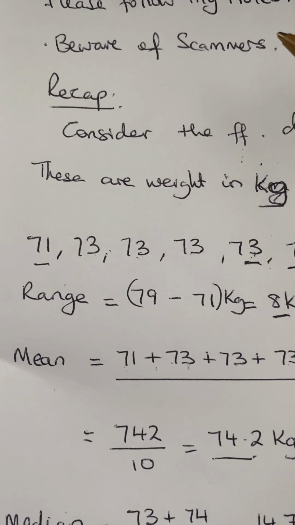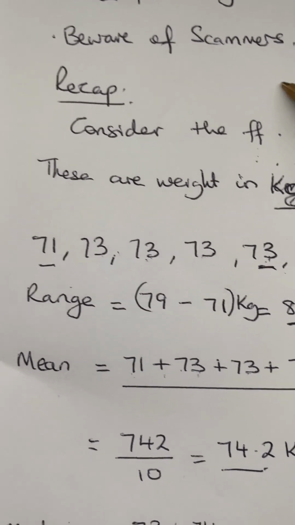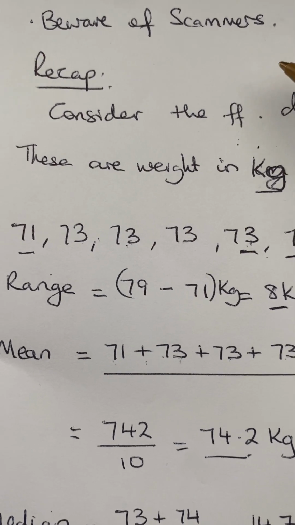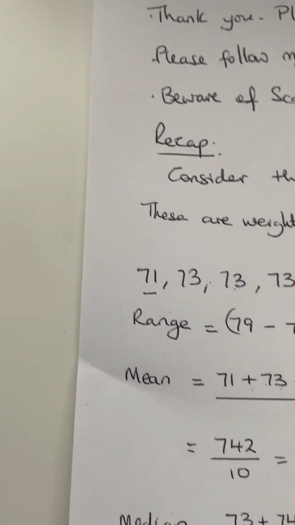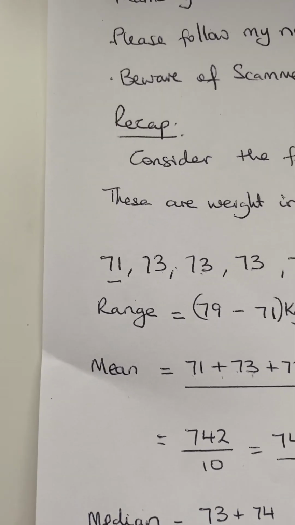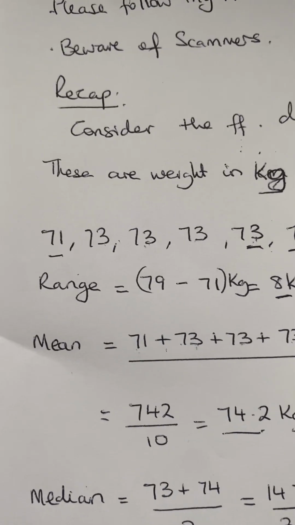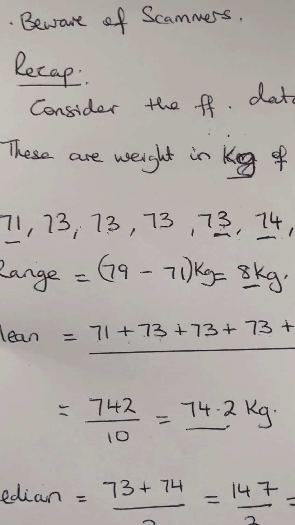Let's quickly recap what we've been doing so far and then start looking at something today. So far in the past few days, we've been looking at data. Yesterday we looked at shop 1 and shop 2 again.